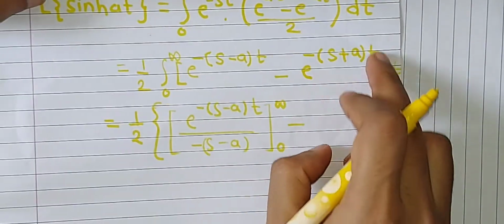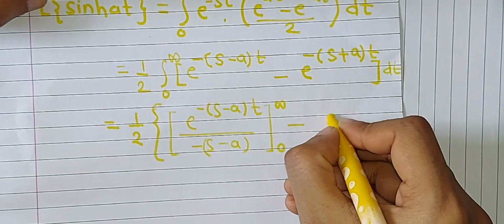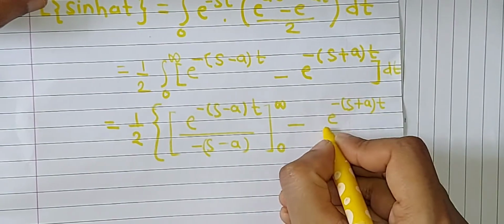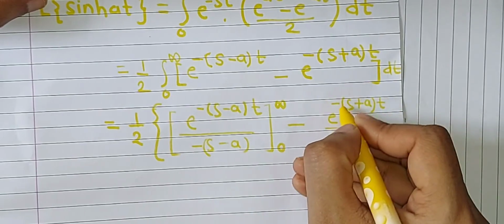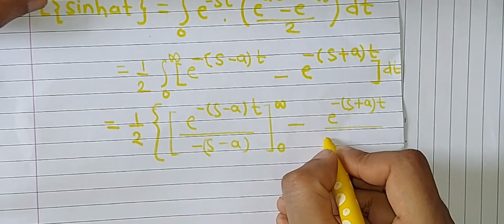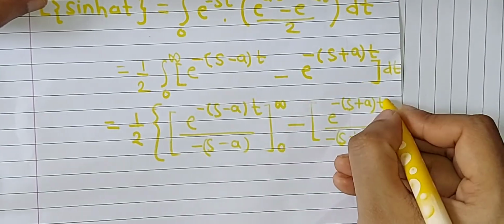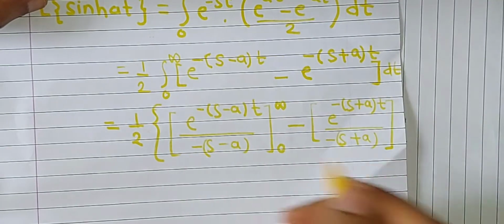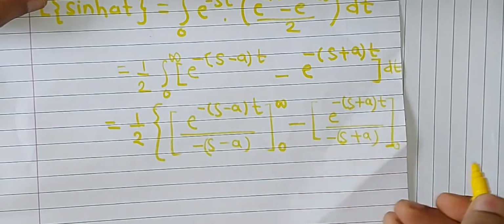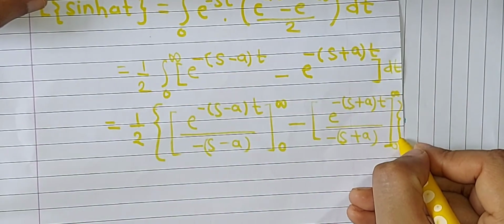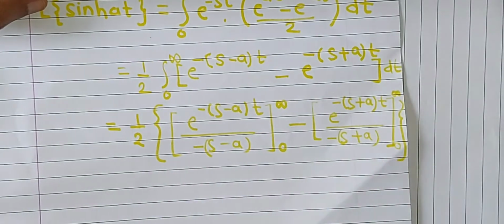Minus, now solve the second integration, that is e raised to minus (s plus a) t, divided by its coefficient, minus (s plus a), and similarly after integrating put the lower limit 0 and upper limit infinity, and close the curly bracket.